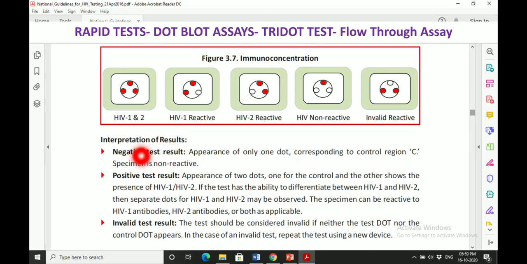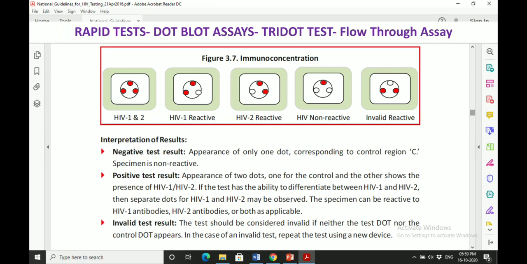A negative test result is when you get only one dot, which corresponds to the control C, this reagent here. And a positive test result you can interpret by the appearance of two dots.